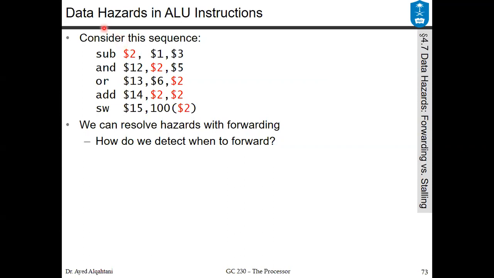We said that we do forwarding or bypassing, and we need to do some prediction. The question is, what are the hardware units that we need to add to the pipeline to make those data hazards go away completely or have less cost? And we will check this in the next video.